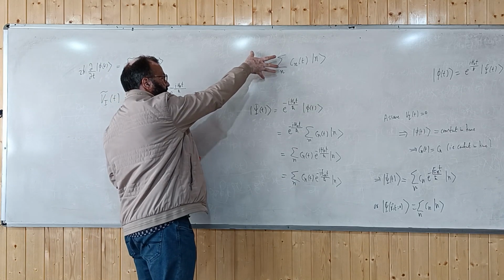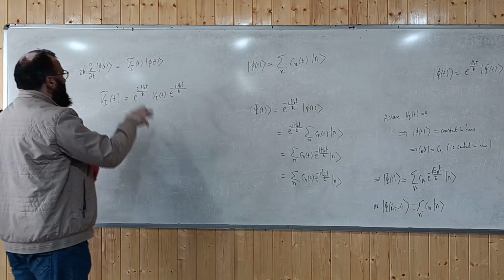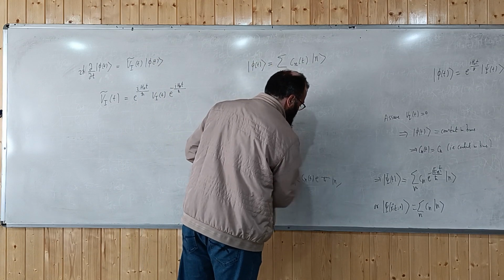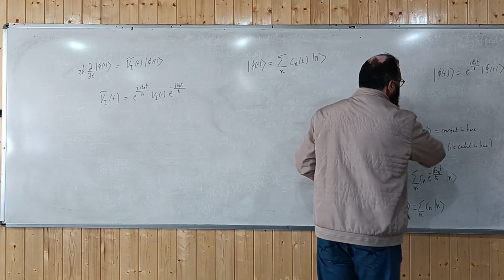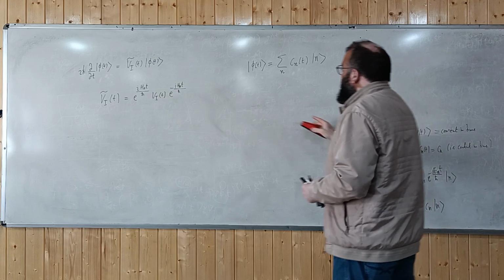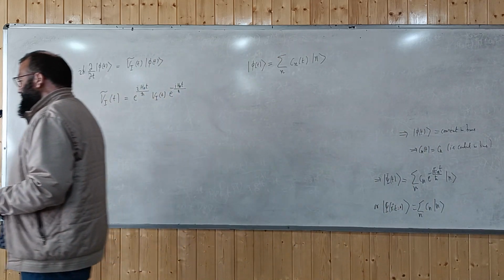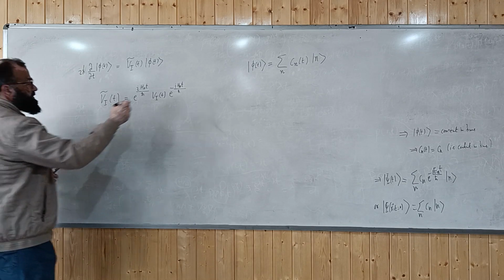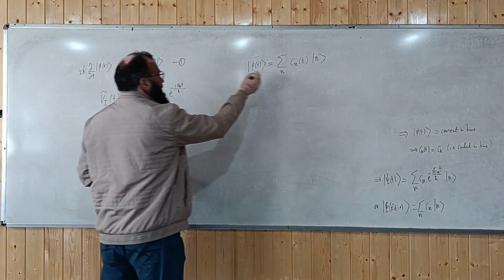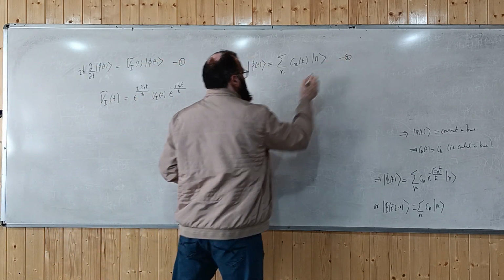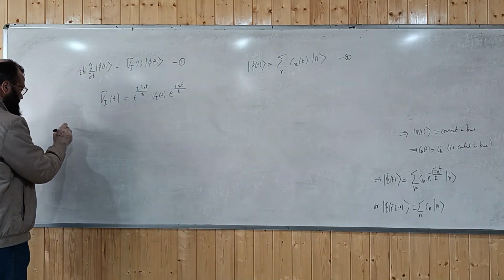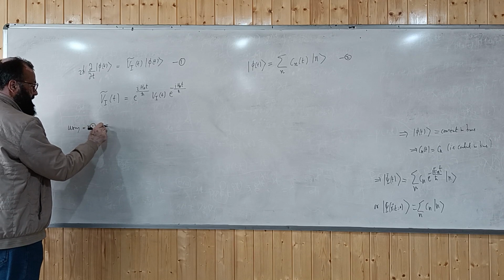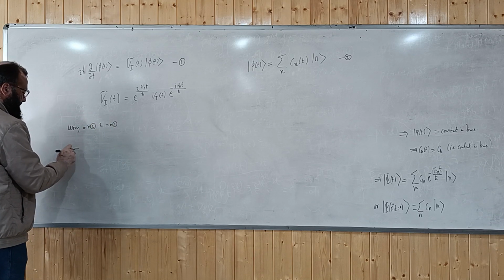So now we substitute this phi of t here. Let me call this equation 1 and this one equation 2. Using equation 2 and equation 1, what does that mean?